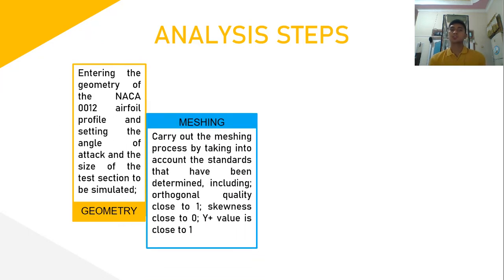Carry out the meshing process by taking into account the standard that has been determined by my department, one of the biggest research institutions in Indonesia. They gave me standard qualities: orthogonal quality close to 1, skewness close to 0, and y plus value close to 1.